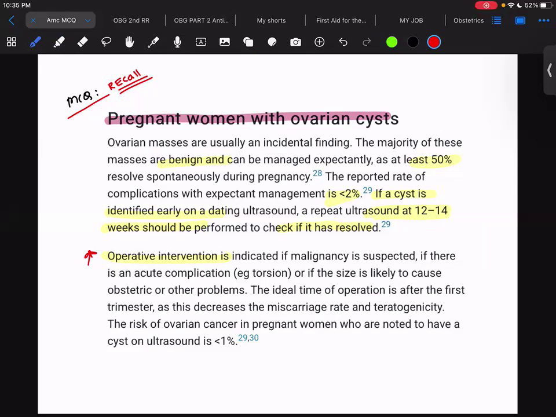Operative intervention is indicated if malignancy is suspected, even during pregnancy, or if there is an acute complication like torsion, or if the size is likely to cause obstetric or other problems.